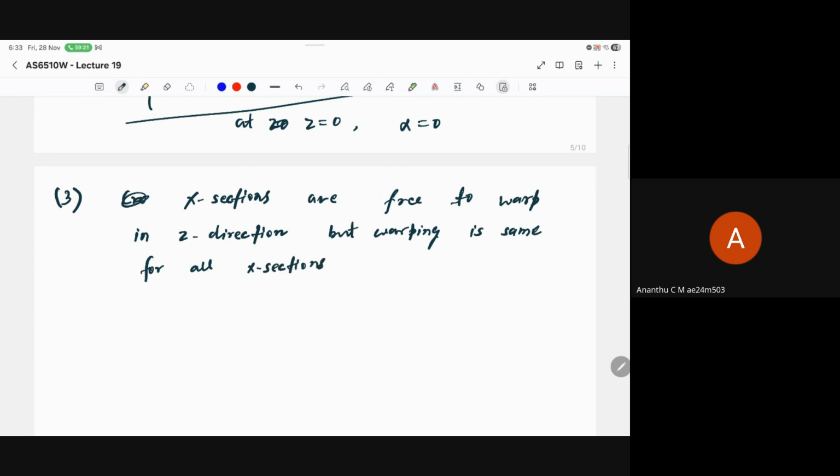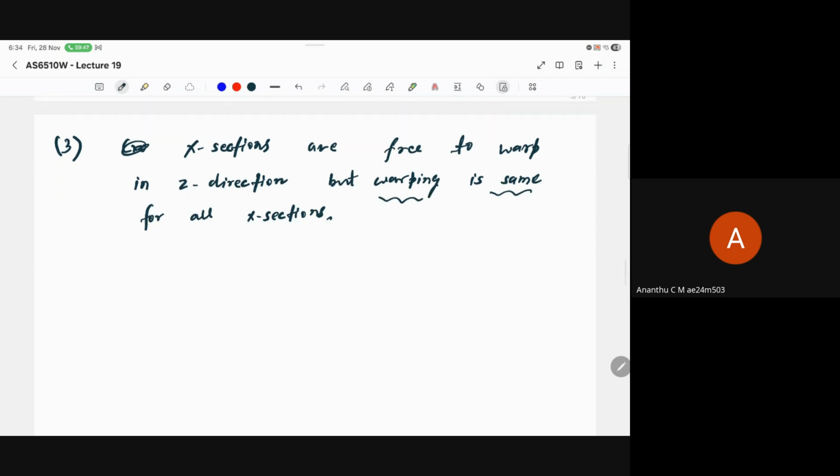Warping is basically the displacement of a point in a cross section in the out-of-plane direction, which is z direction. Only thing is that the warping is the same from the bottom to the top. This is not changing; it is the same throughout the length.